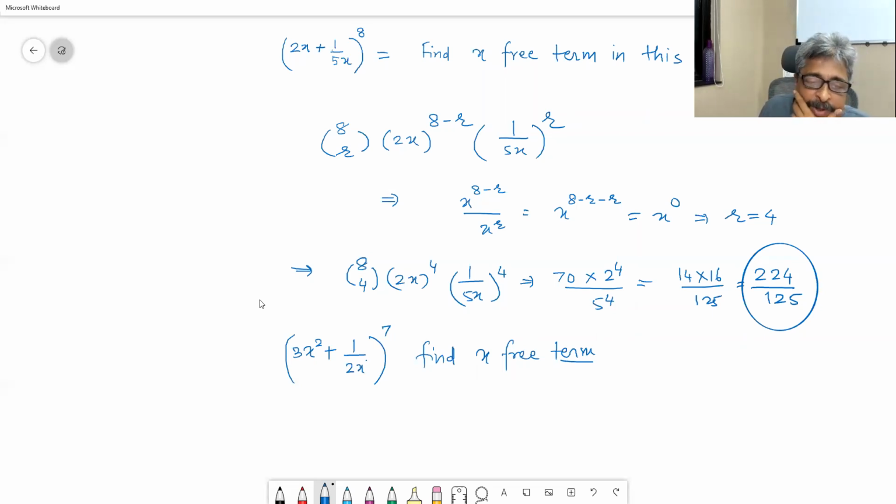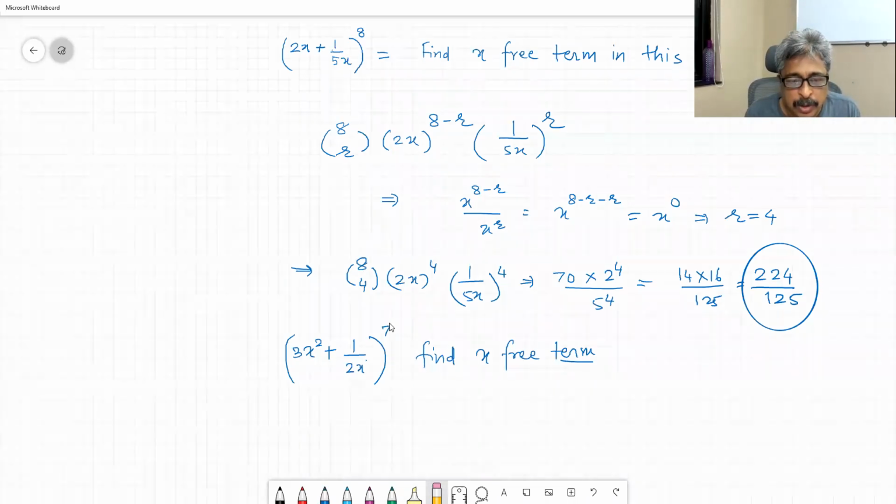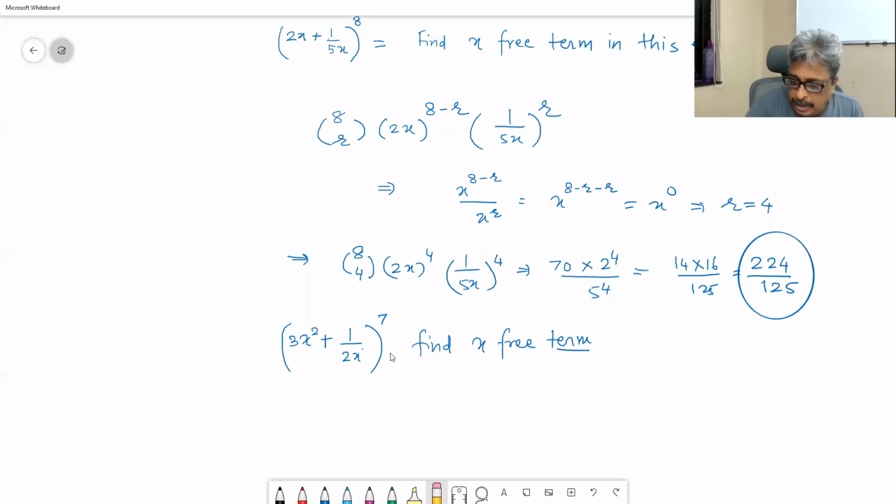I am not sure whether it will be. Let me check. But I think the problem will be correct. It's a bad number. Let me make it equal to 8 only, or 10 here. Power 10? Okay, otherwise it is not happening. Change this power to 10.